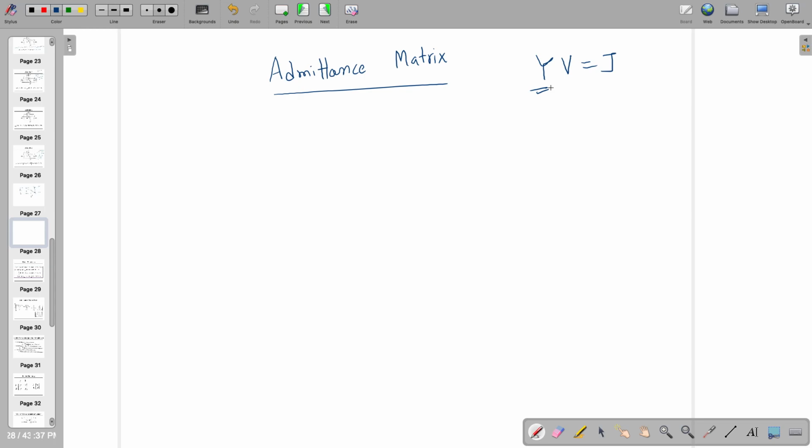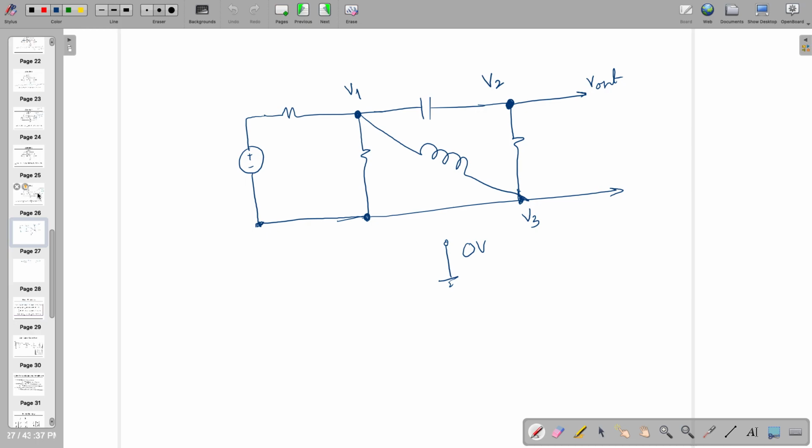By looking at the circuit, you can look at the currents and voltages. First of all, you need to identify the voltages or the nodes. You can do that for any circuit. You can find out how many nodes are required, like 1, 2, 3, sometimes 20, sometimes hundreds, right?